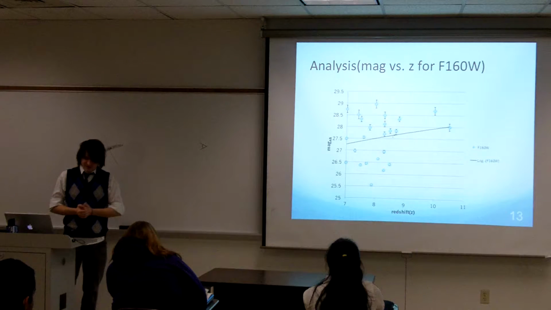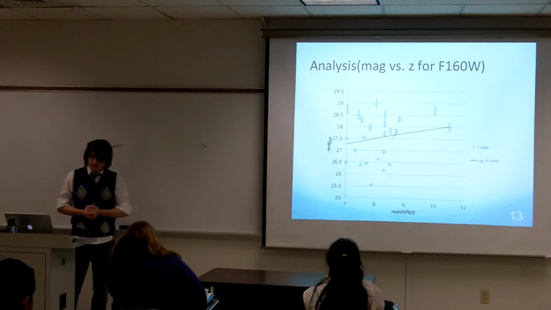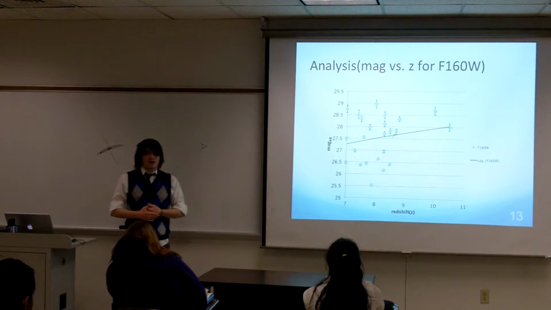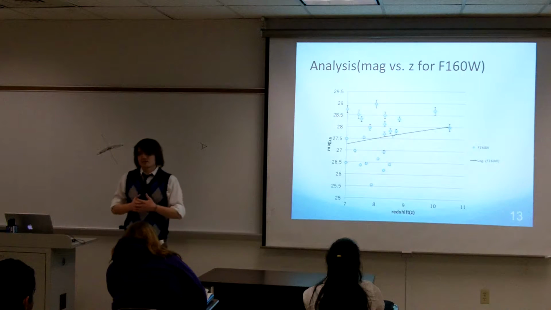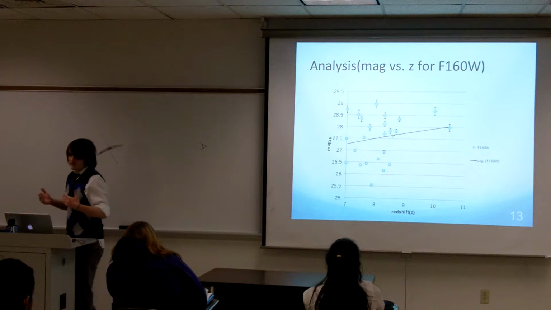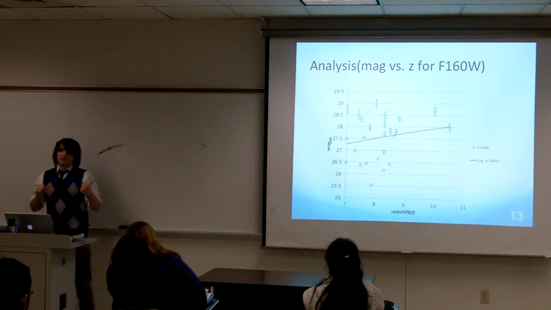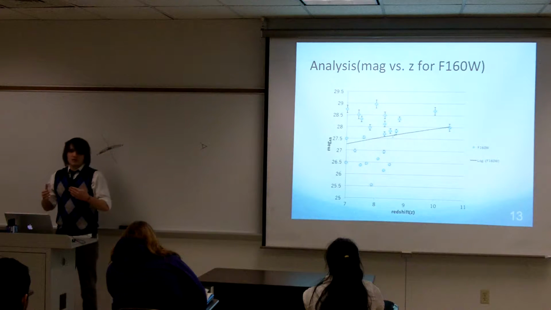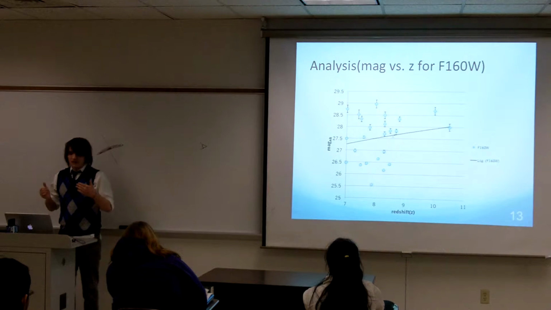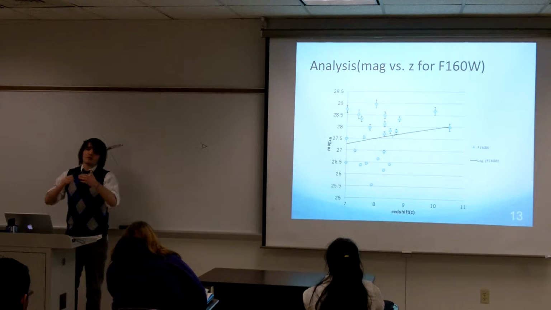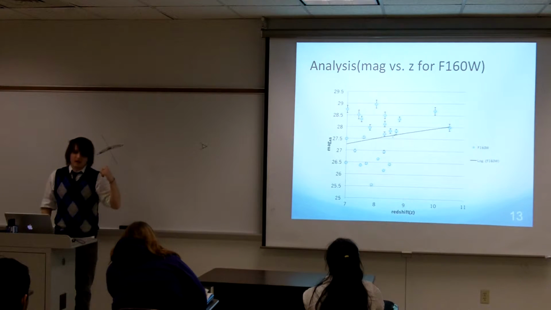One of the things I contributed it to was that when I'm doing this, I'm assuming that all the galaxies kind of have the same number of stars. And so I think if I go back and look at how many stars are in these galaxies, that'll put them on different parts of this graph.